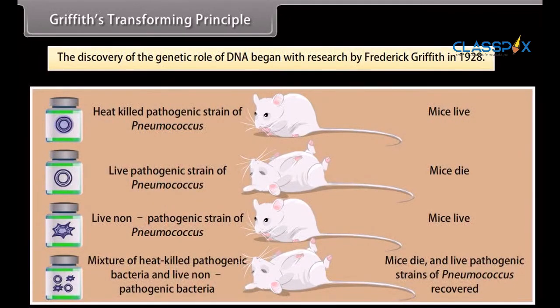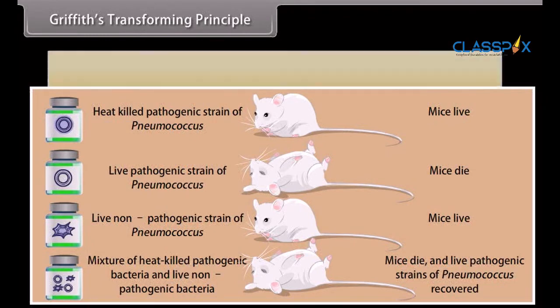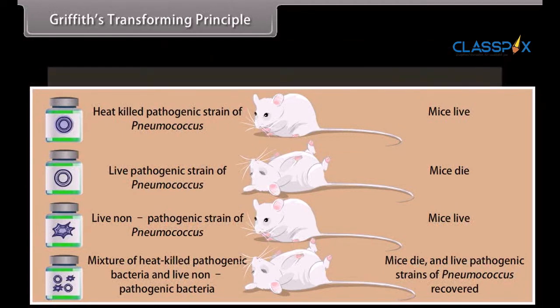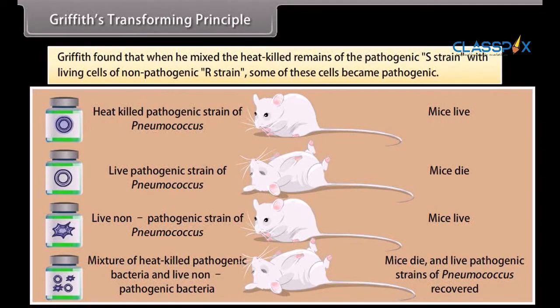Griffith's transforming principle. The discovery of the genetic role of DNA began with research by Frederick Griffith in 1928. Frederick Griffith worked on two strains, pathogenic and non-pathogenic, of Streptococcus pneumoniae. Griffith found that when he mixed the heat-killed remains of the pathogenic S strain with living cells of non-pathogenic R strain, some of these cells became pathogenic.